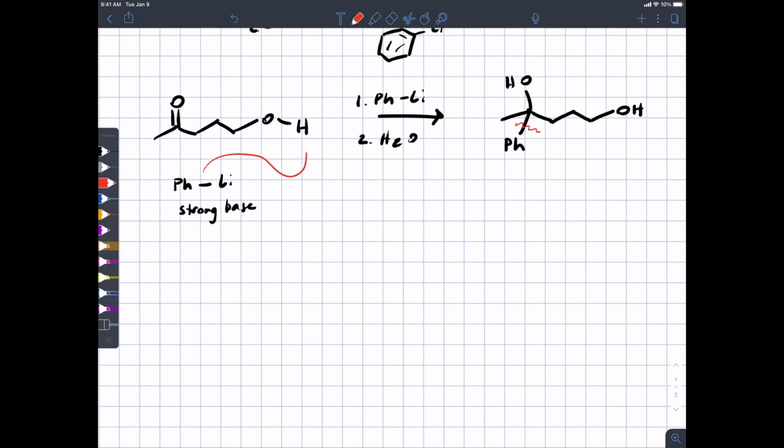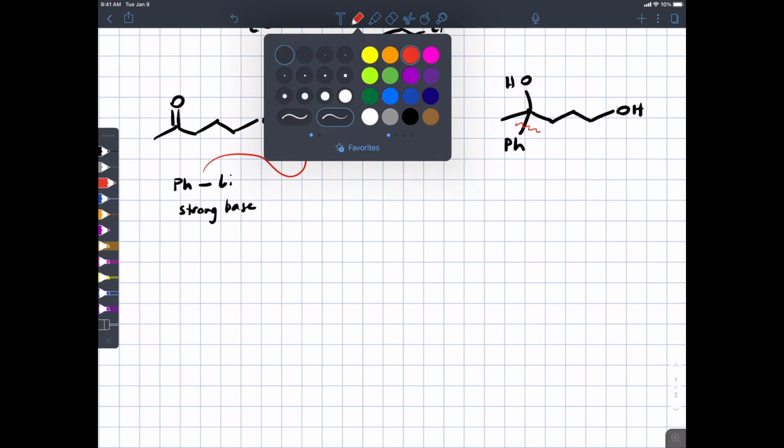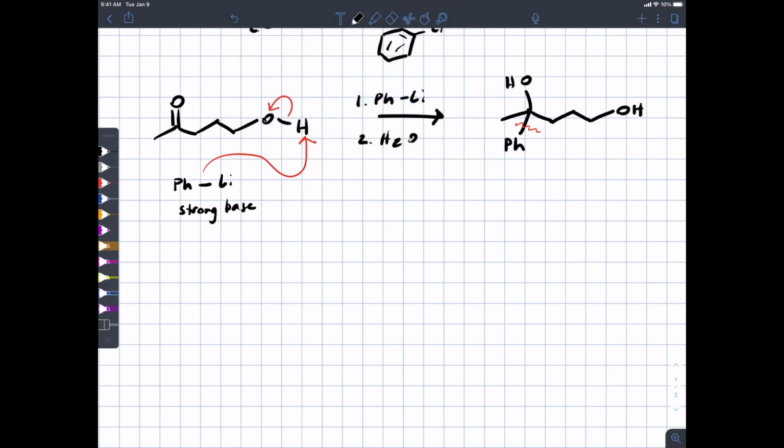And so what will happen, instead of the desired reaction where the phenyllithium group would attack the carbonyl carbon, instead what happens is we deprotonate, and we end up with the conjugate base of our molecule and benzene.